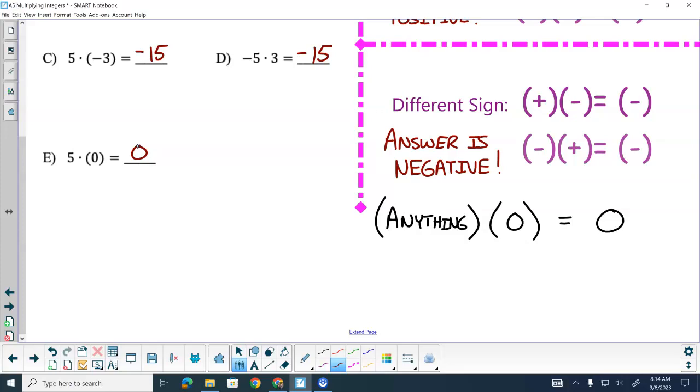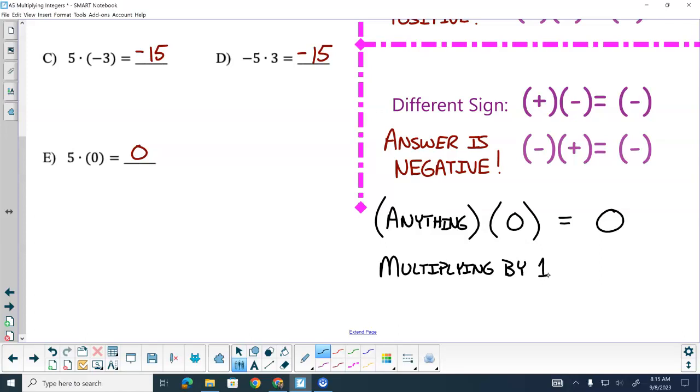All right? Love it. Last rule: multiplying by 1. When you multiply something by 1, let's look at our chart.